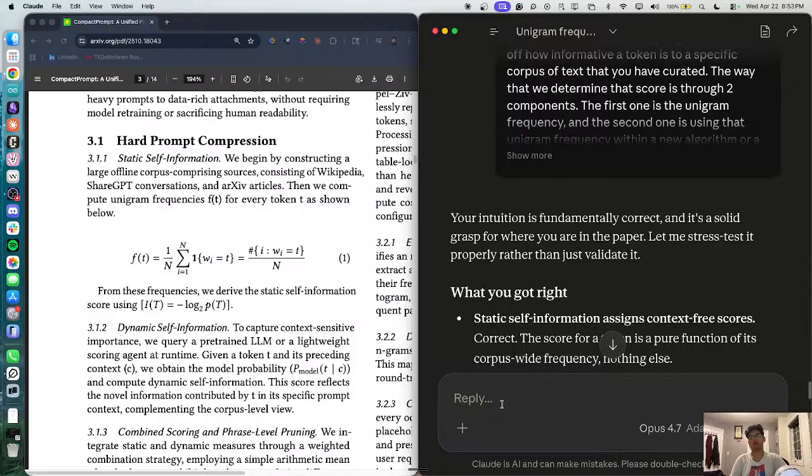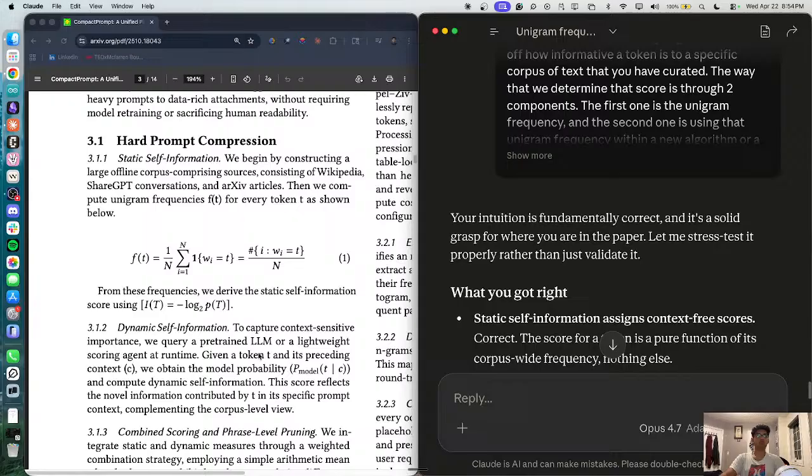So that's what I'm going to strive to do when I come back: first explaining what self-information is, how it contributes to hard prompt compression, then talking about the two self-information types and their difference, and then going more deeply into static self-information, specifically with the unigram frequency, and using that within the self-information score formula to determine that score. And then I'll go back and understand how to use this score and what it means at a deeper level.